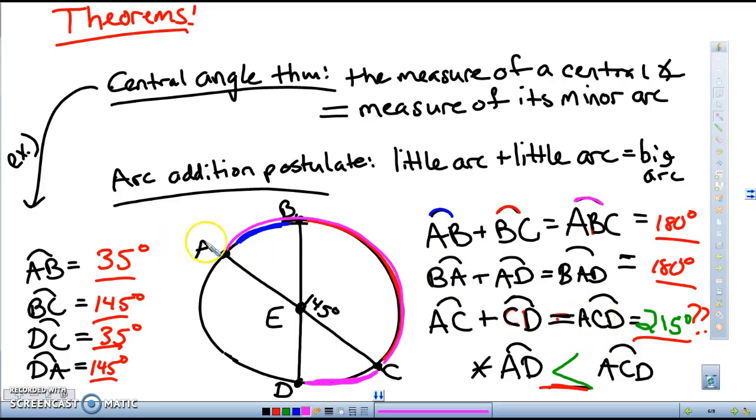In this case would be arc ACD. And so I would get that 215 degrees by taking the 180 degrees from arc AC and then adding the 35 degrees from arc DC, and that's where I get my 215 degrees.